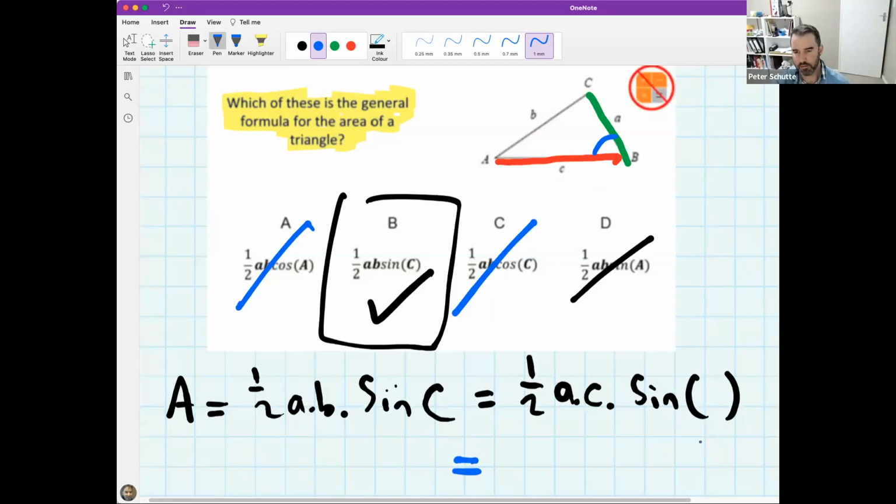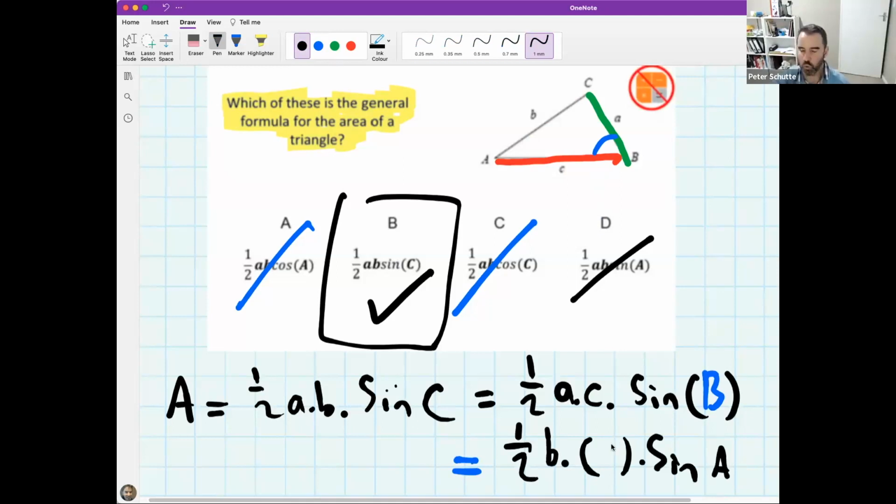And just to be sneaky, if I wrote a half B times something times the sine of angle A, what would the missing side be in the area rule formula over there? What's in the missing yellow bracket over here?